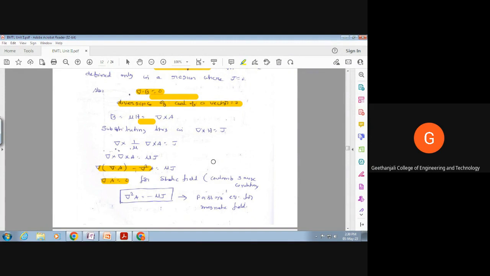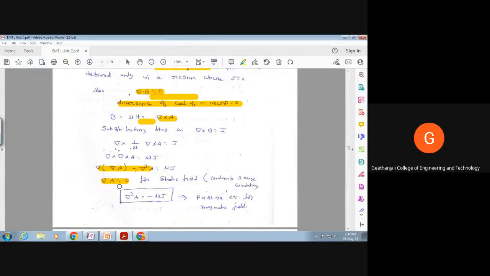According to Helmholtz theorem, if you want to define any vector uniquely, both divergence and curl of the vector need to be defined. Unfortunately here, only curl is defined. Curl of A is equal to B. What about divergence A? We were silent on defining divergence A. Divergence A can be defined as per the requirement.